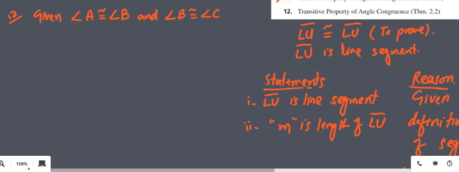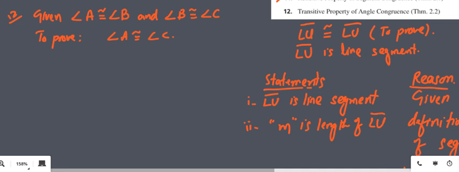And what is our target? What do we have to prove? That angle A is congruent to angle C. Clear? This is what we have to prove.